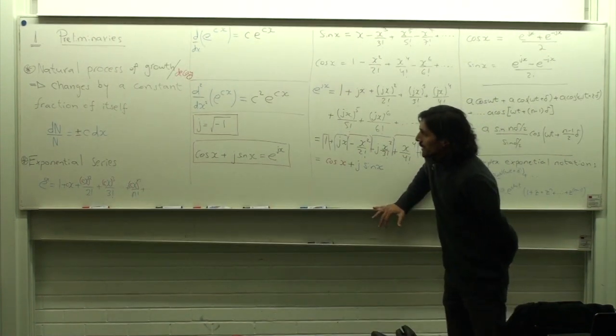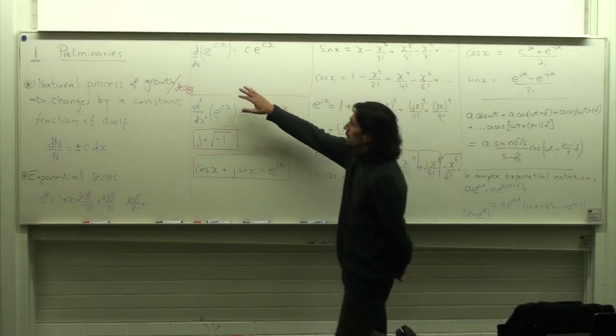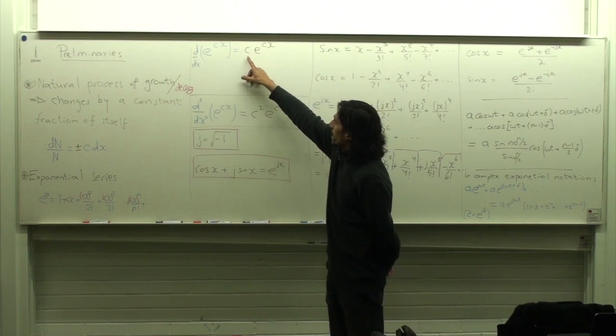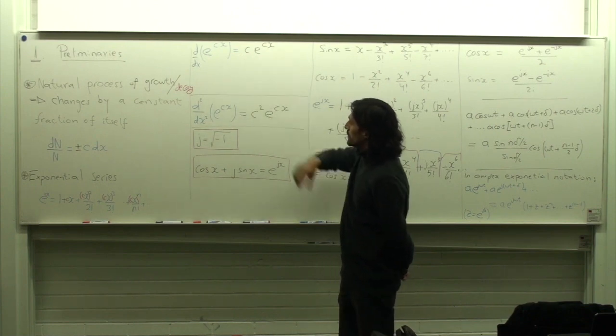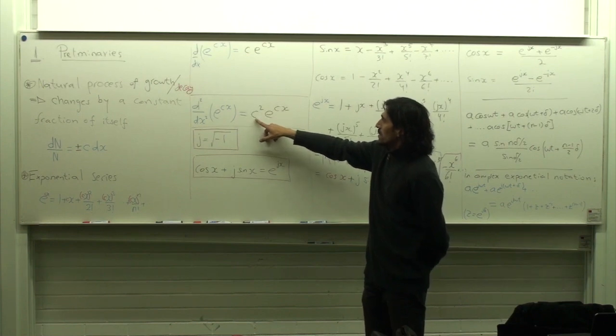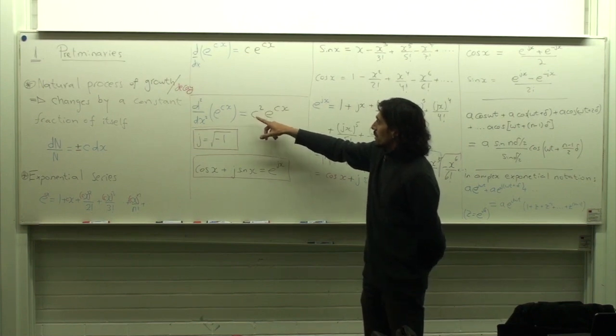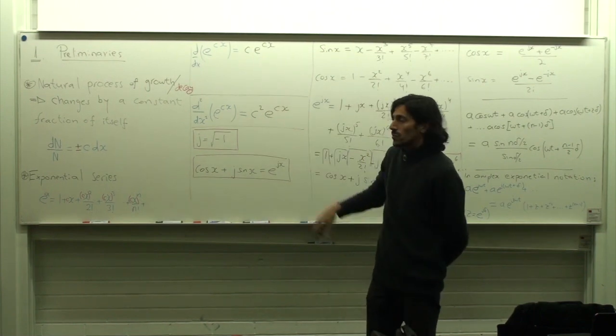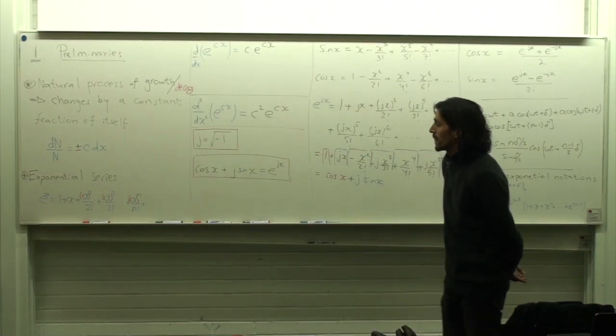So we can take the derivative of the exponent with a constant c here. We have c times the same exponent. You can take the second derivative, and then you would have c times the first c, and now we get c squared e to the power cx.